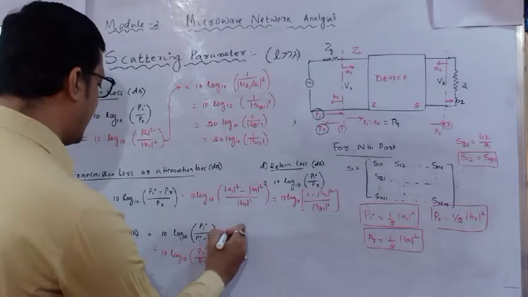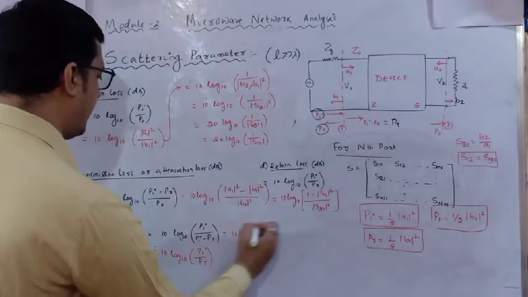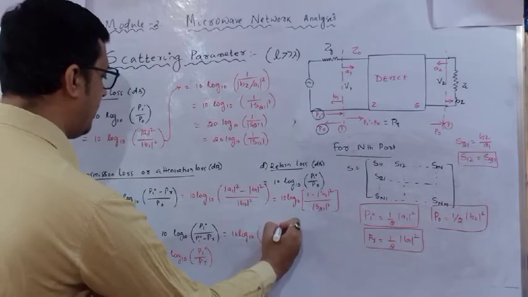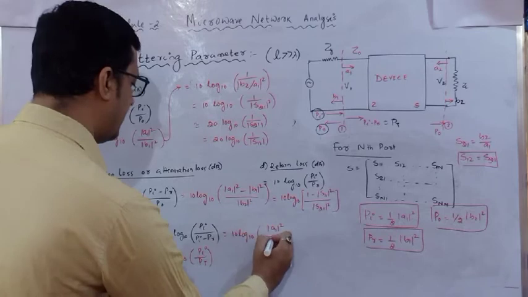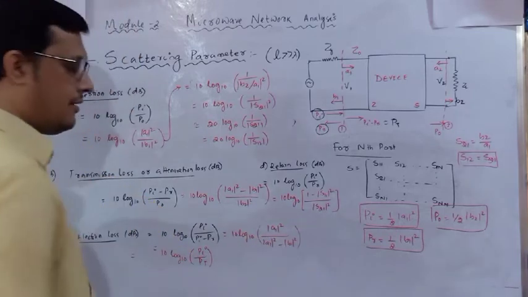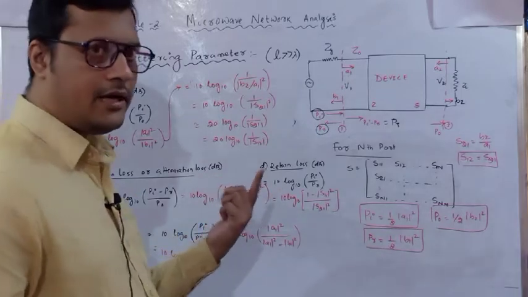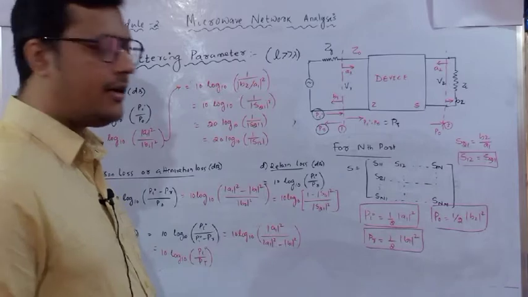So here I will write 10 log base 10 of mod A1 square, input is A1 square, reflected is B1 square, and the half is cancelled out. Take A1 as common from numerator and denominator.